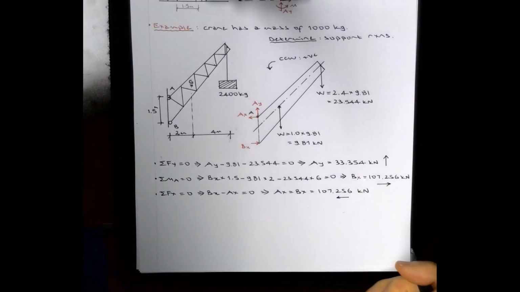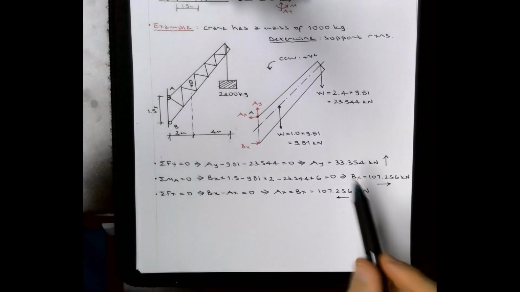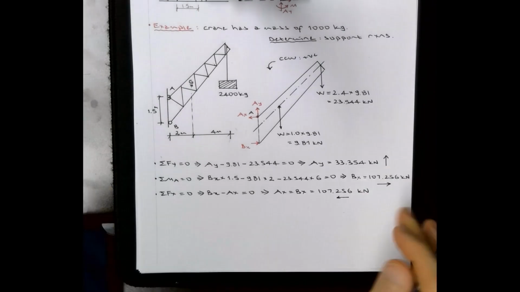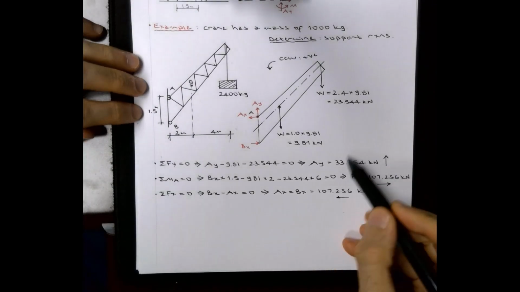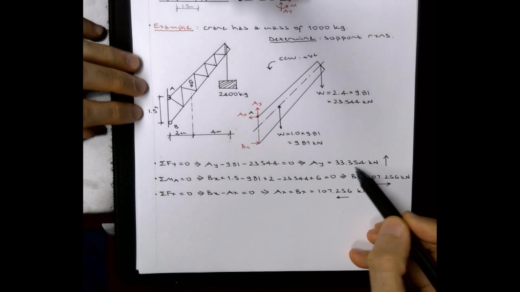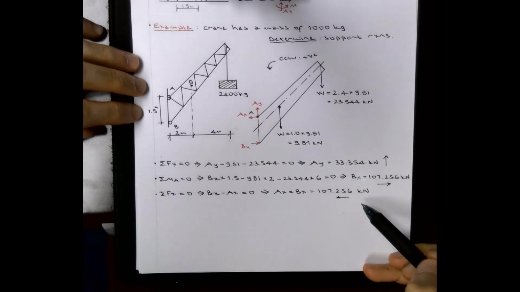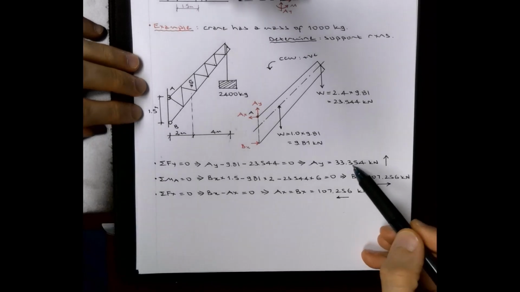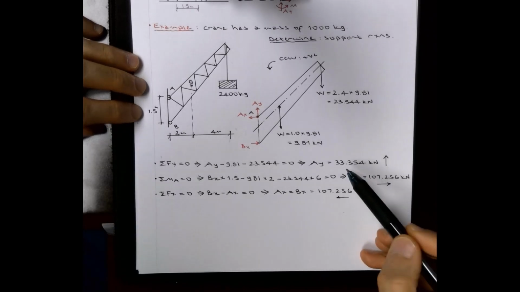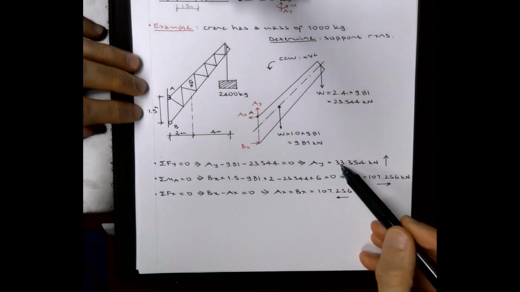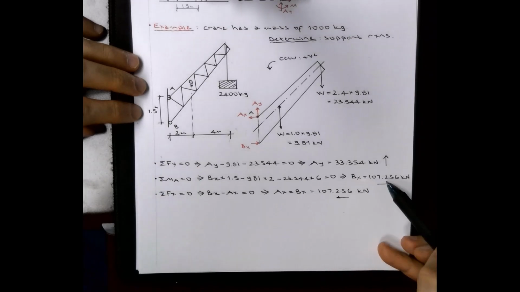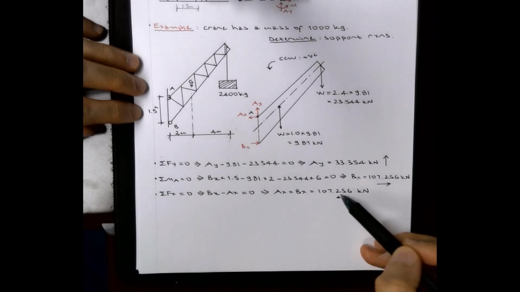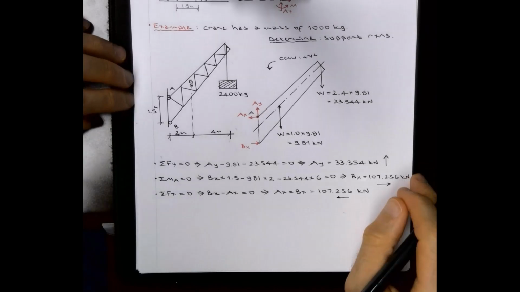So that is it. We got everything. Of course, for your final answer, just abbreviate. You don't need 6 significant figures in your solutions, that is extreme. So just reduce it: 33.3, this is 107.3, this is 107.3. That would be more than enough accuracy for this question.